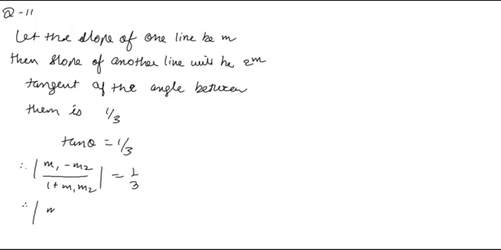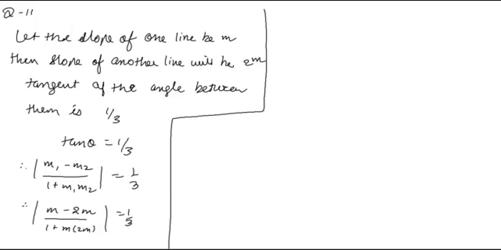So m1 is m, whereas m2 is 2m. So 1 plus m into 2m. So mod of minus m upon 1 plus 2m square is equal to 1 by 3.